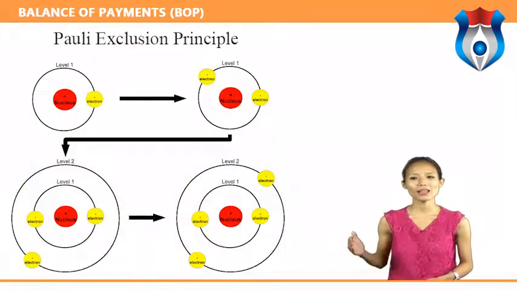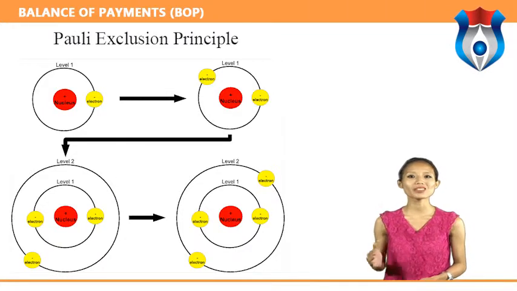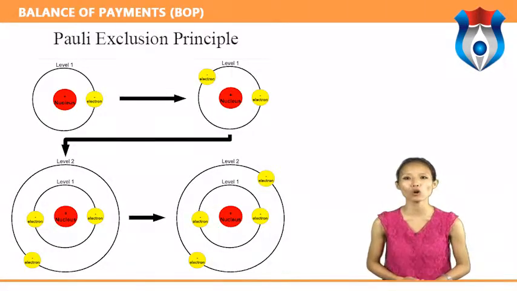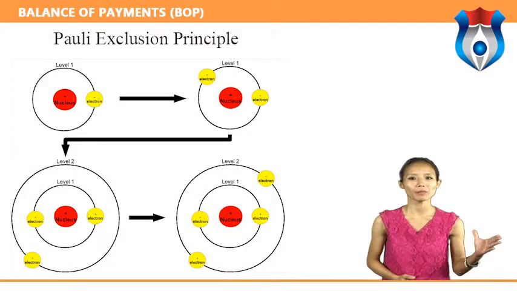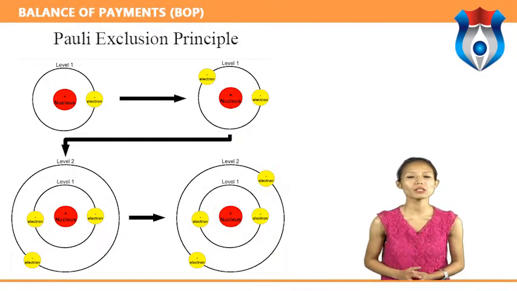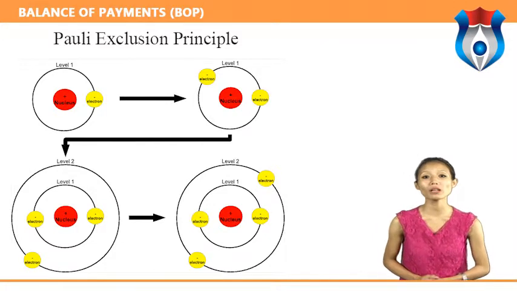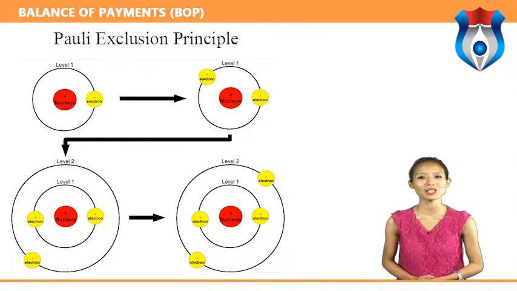The Pauli exclusion principle states that no more than 2 electrons can occupy the same orbit, or in quantum mechanical language, orbital in an atom, and that 2 electrons in the same orbital must be paired.